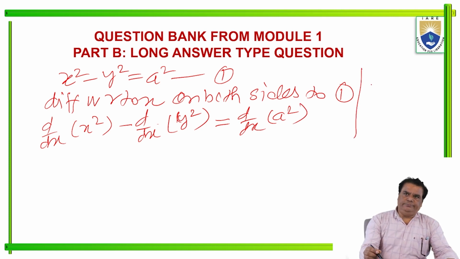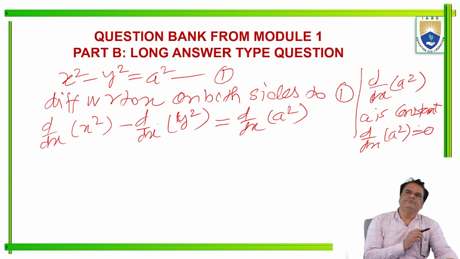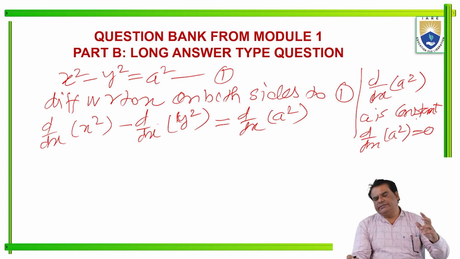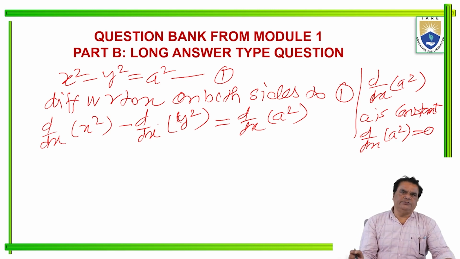Here a is constant, so the differential of a square with respect to x is 0.